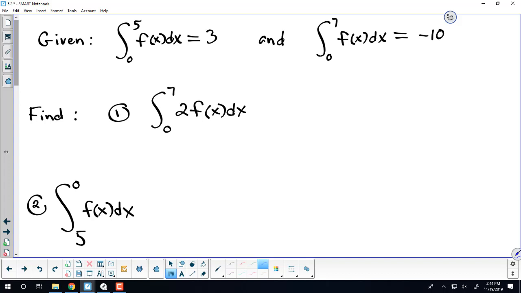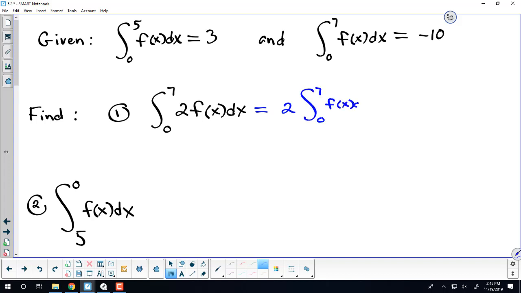Example 1: we want to find the integral from 0 to 7 of 2 times f of x. What would that be? Negative 20. Do y'all agree? It's negative 20. The way we're looking at that is it's a constant times a function of x, so the constant comes out.